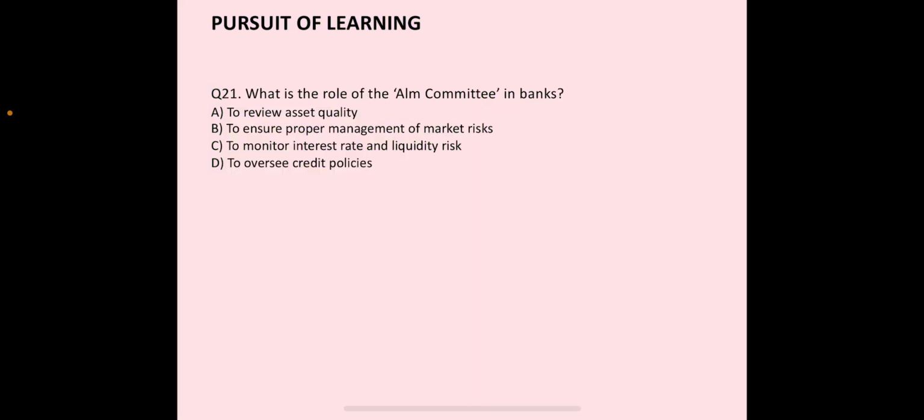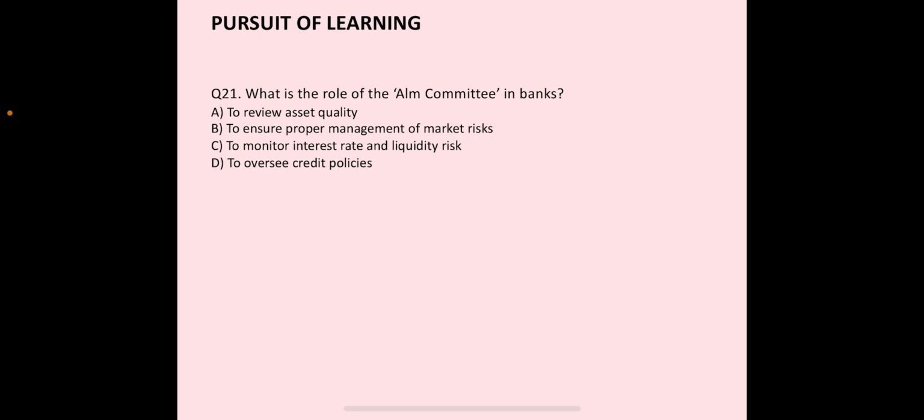Next question. What is the role of the ALM committee in banks? Asset Liability Management Committee. The options are: to review asset quality, to ensure proper management of market risks, to monitor interest rate and liquidity risks, to oversee credit policies.